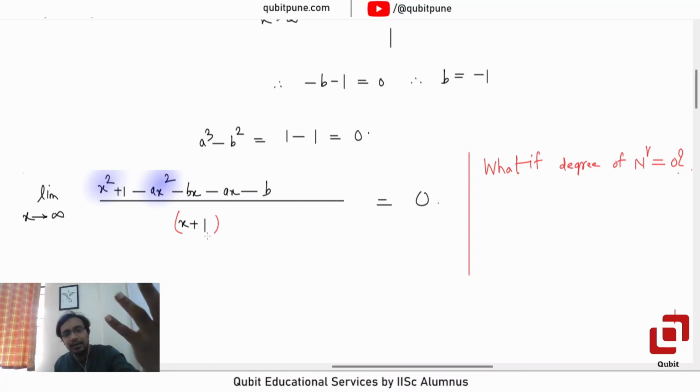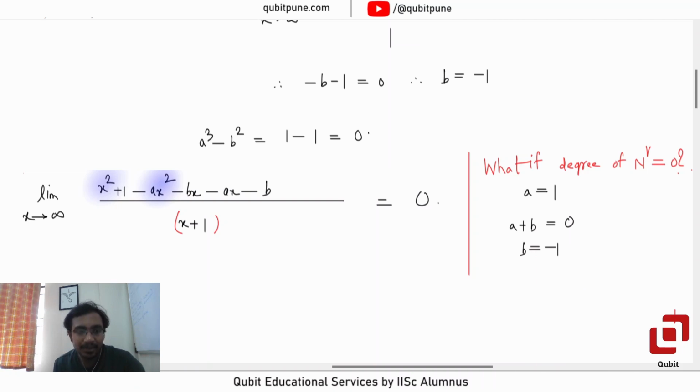So if we have a numerator which has just a constant term, that would still mean the limit is 0. So let's go for it. A's value won't be different, it would still be 1, right? But what about b? a plus b in that case should be 0.